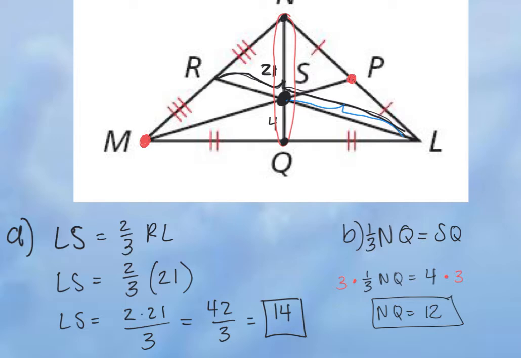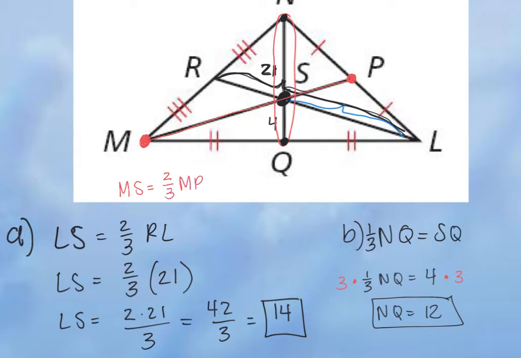Okay, guys. I'm going to write both the equations for MP. So MP is also a median, right? It goes from the middle of a side to the opposite vertex. So point S divides it into 2/3 and 1/3. So MS is going to be 2/3 of MP, the whole length.